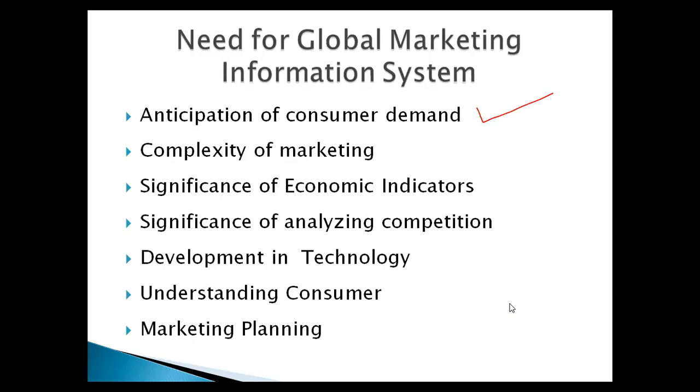So these are interrelated, right? One piece of information could relate to all the departments of the organization and help in taking decisions. The global marketing information system would help us in all these areas.